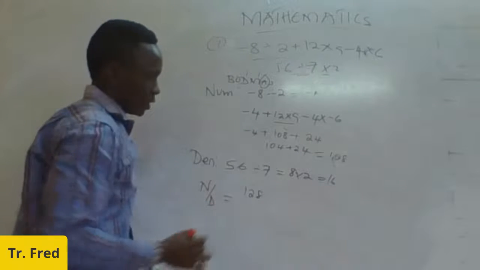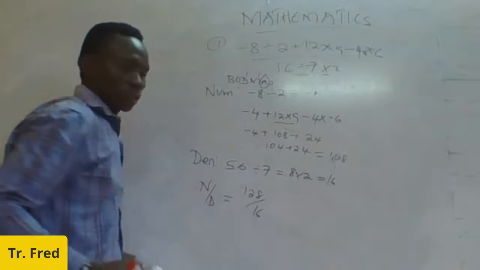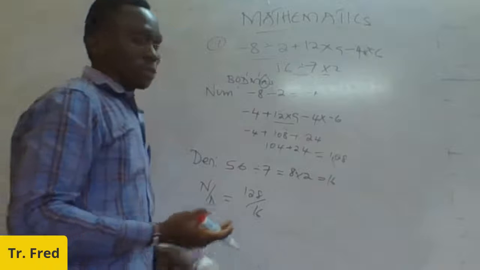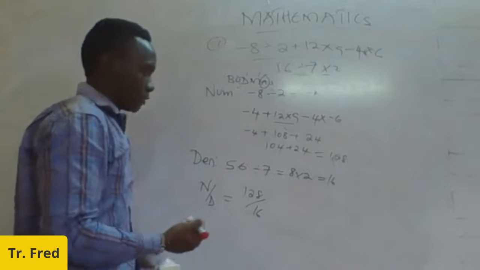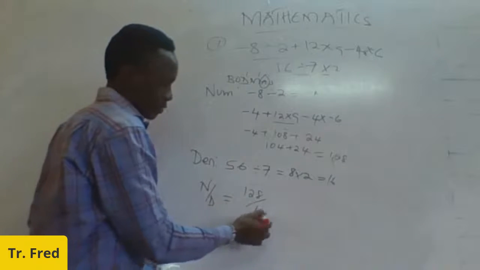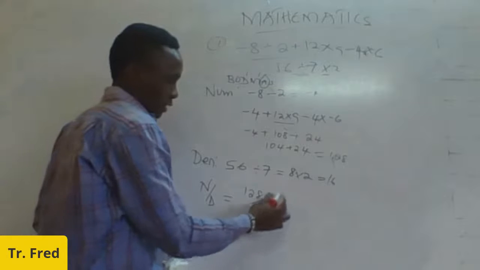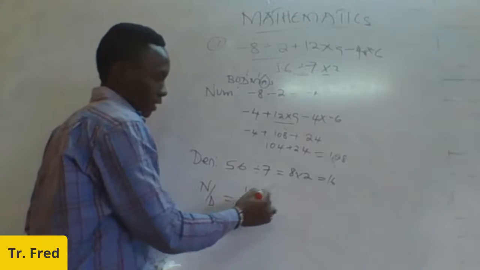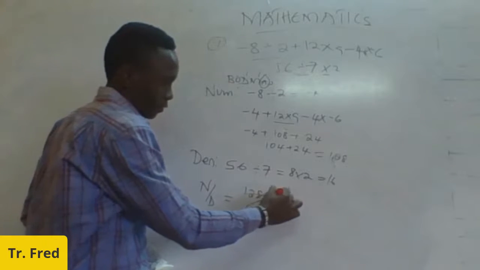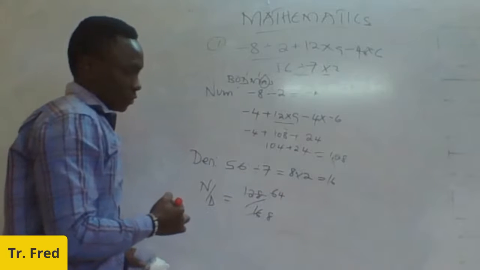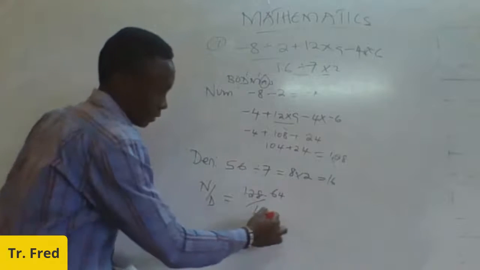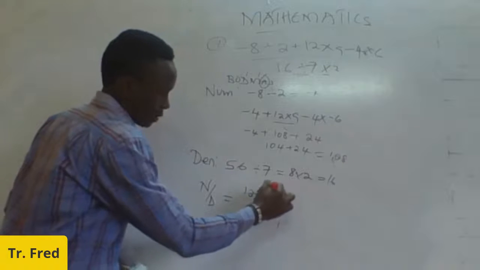Now the final step will be numerator over denominator, which will be 128 divided by 16. And we express it in its simplest form. Dividing by 2 on both sides, we get 64 over 8, then from there, by 8, 1 and by 8, 8.